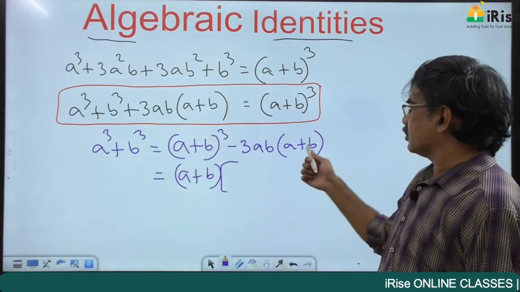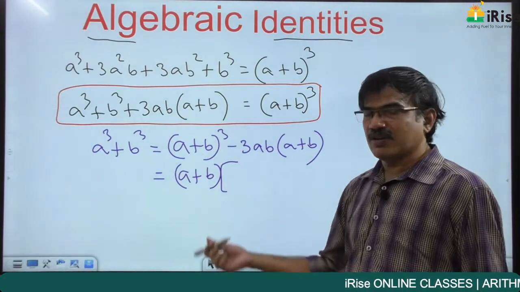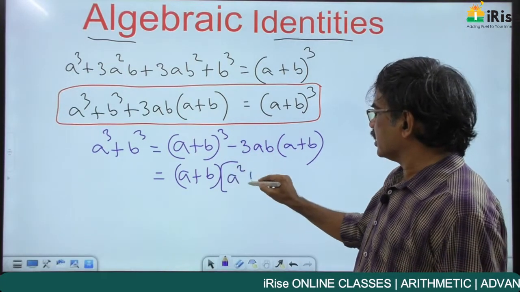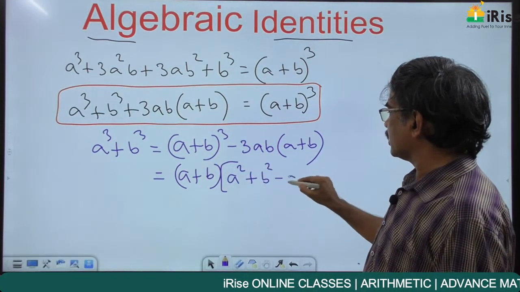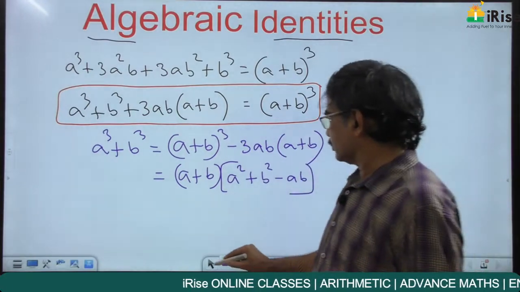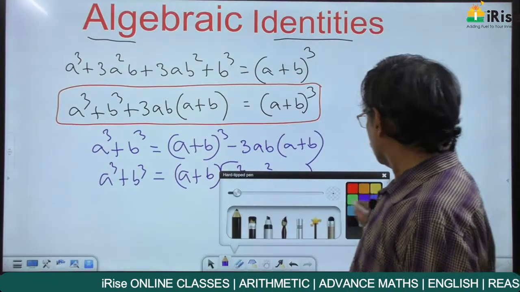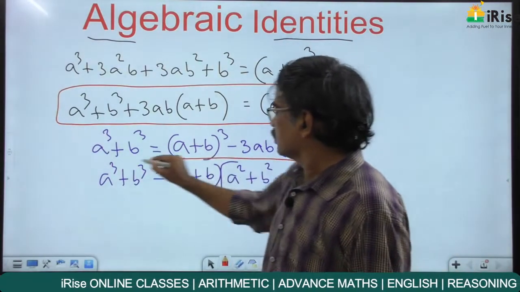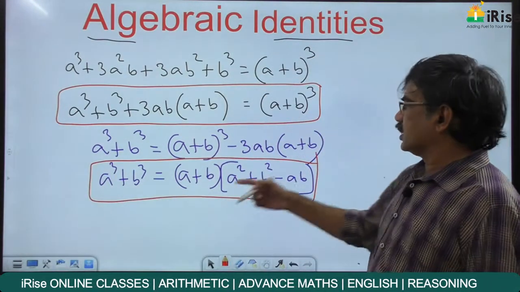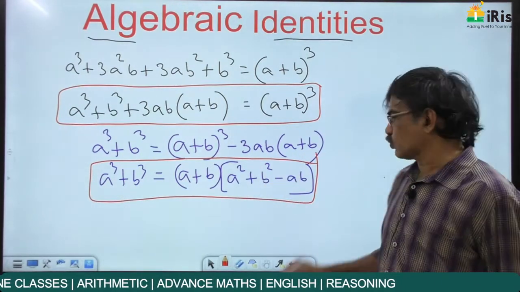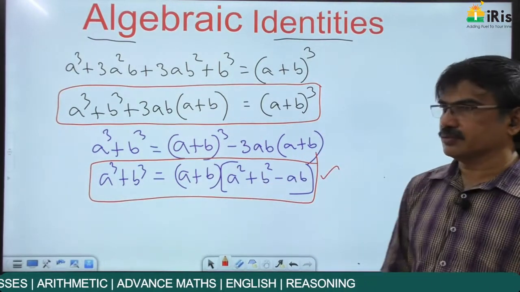A plus b, and here also taking a plus b common and simplifying, we get a plus b whole square minus 3ab, which is nothing but a square plus b square minus ab. Okay, a cube plus b cube is equal to a plus b into a square minus ab plus b square. This is also an important formula.